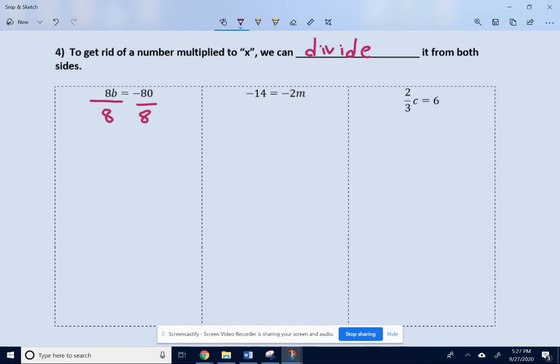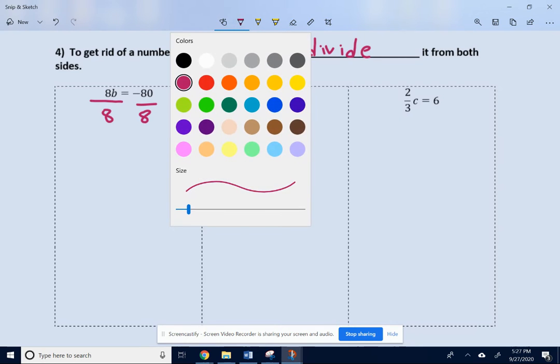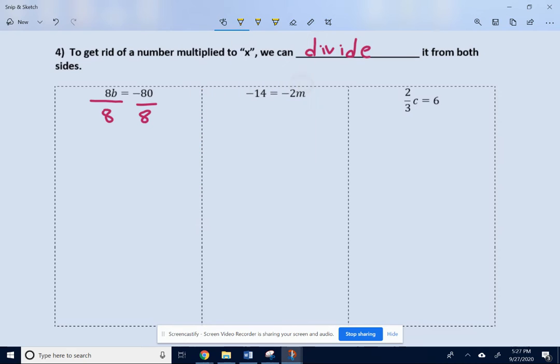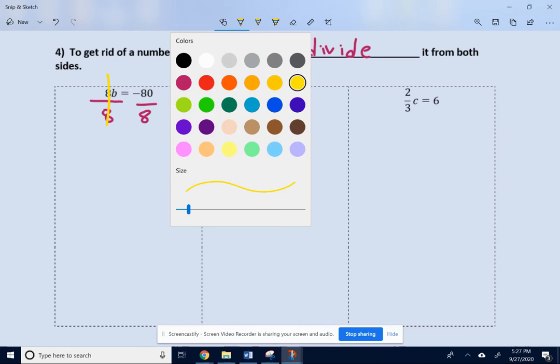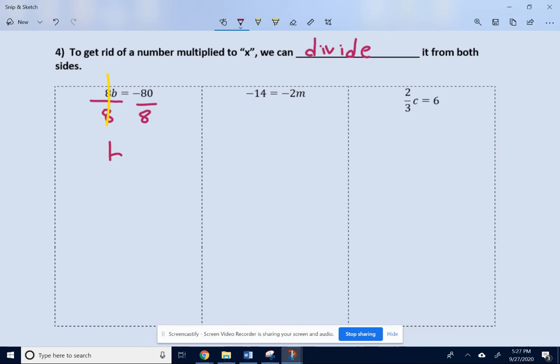Okay, so we have 8 times b equals negative 80. Divide the left by 8. We also have to divide the right by 8. Okay, 8 divided by 8 is 1. So on the left, we're left with 1b, which is b.